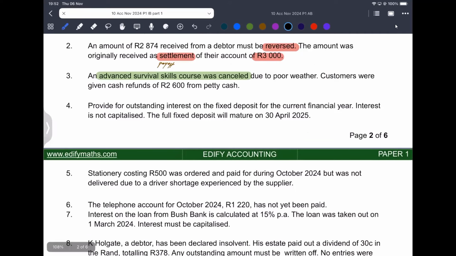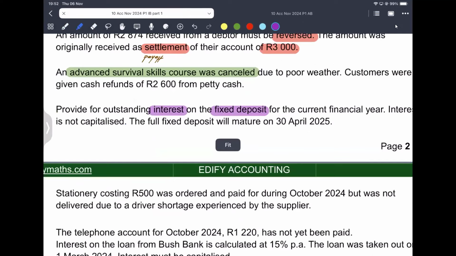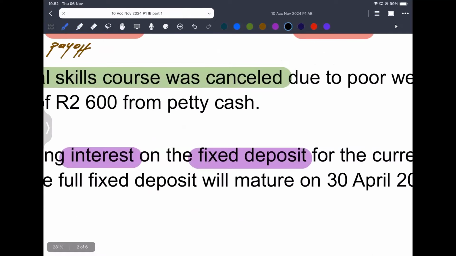Provide for outstanding interest. Outstanding means that that interest was not taken into account. Even if it was taken into account, not all of it was either received or paid. But because it's interest on fixed deposit, I need you to understand that a fixed deposit is a non-current asset.